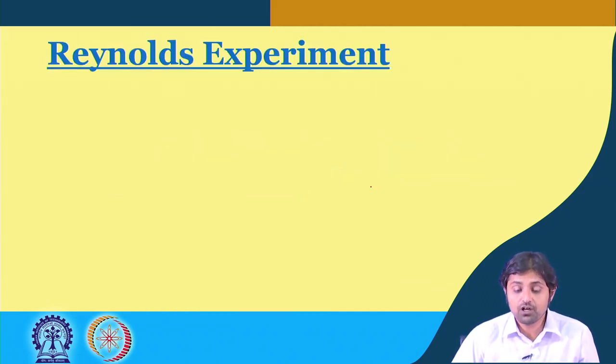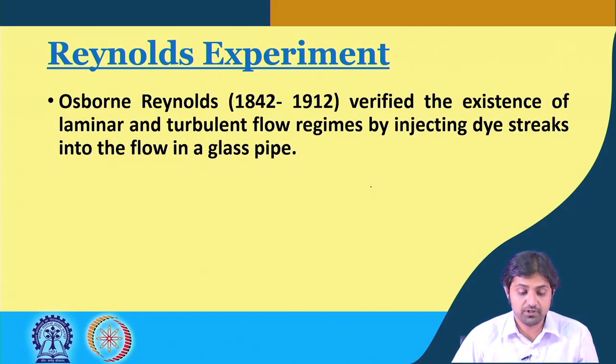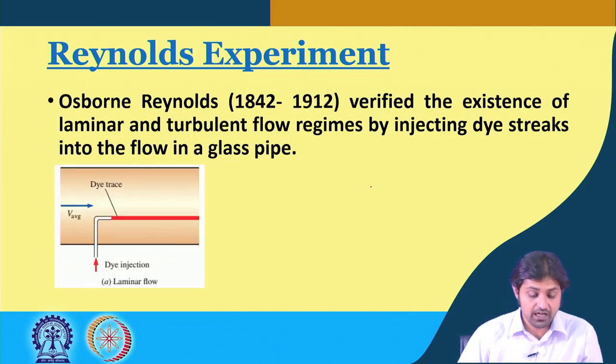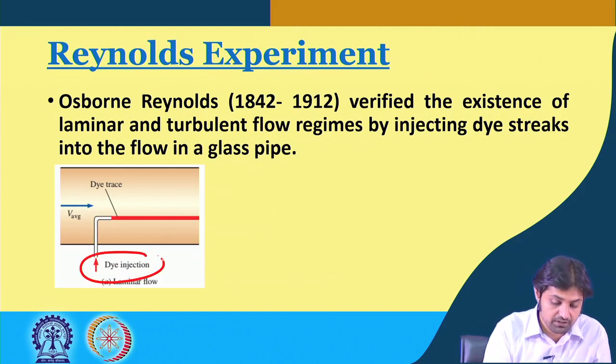When we talk about turbulent flow, there is an important mention of Reynolds' experiment. Osborne Reynolds verified the existence of laminar and turbulent flow regimes by injecting dye streaks into the flow in a glass pipe. He introduced a dye tracer, injected from here.